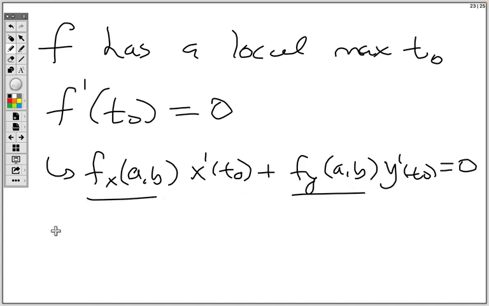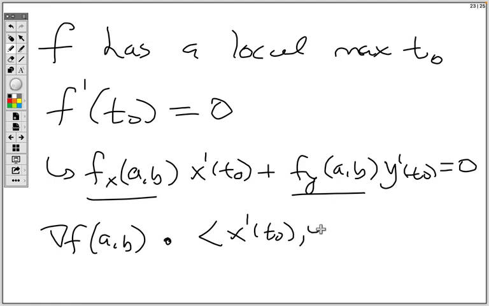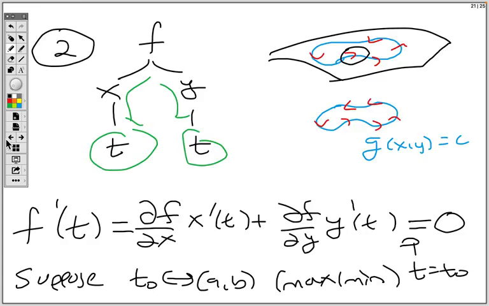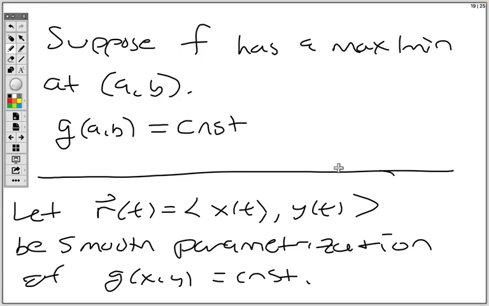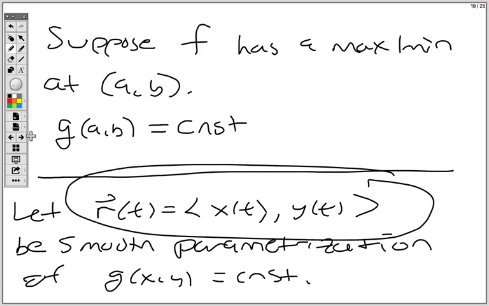That's the gradient at (a, b) dotted with (x prime at t naught, y prime of t naught), and that's r prime of t naught.